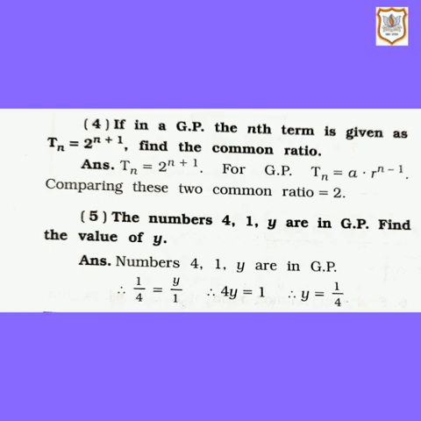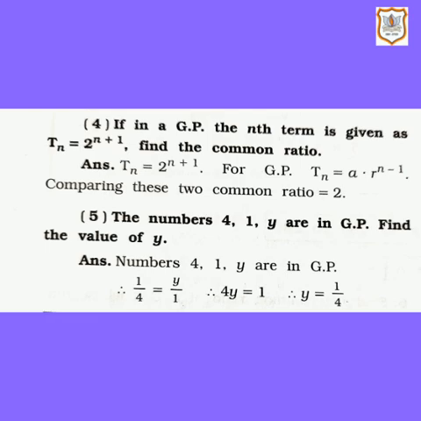If we compare both, the formula is A into R to the power n minus 1, and what is given is 2 to the power n plus 1. A is not given. In place of R, 2 is given. So R will be 2, the common ratio will be 2.